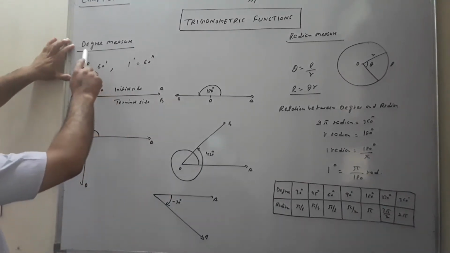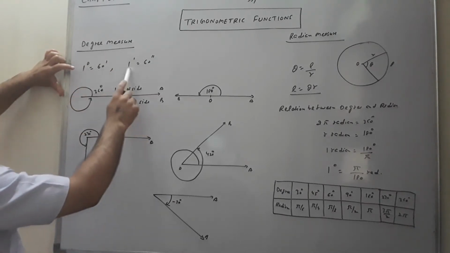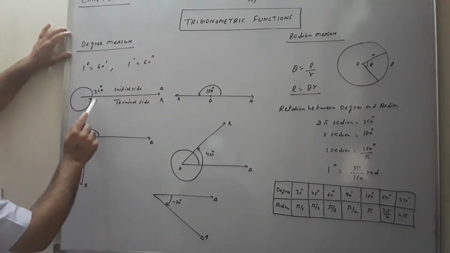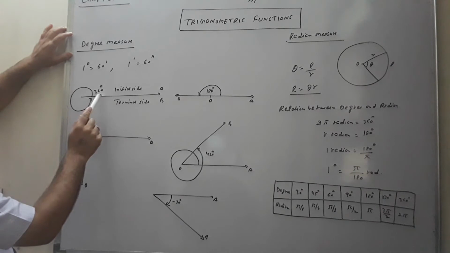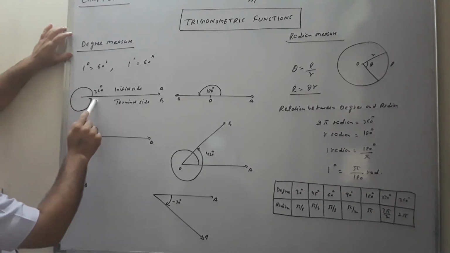In the degree measure, students, remember that 1 degree is equal to 60 minutes, and 1 minute is equal to 60 seconds. Now, while we have to represent the angle of 360 degrees, we are moving anti-clockwise.